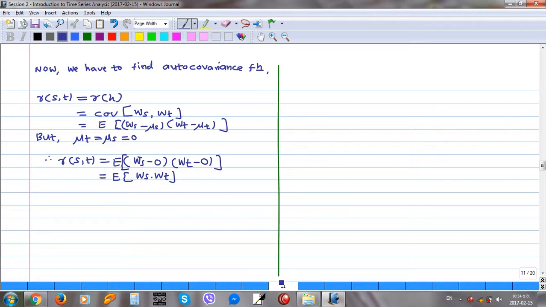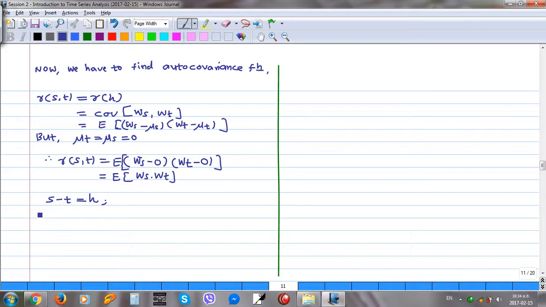Okay, now then I am going to find, we know that according to the theory s minus t equals, we have to take x minus t equals h, which we are calling lag, right?